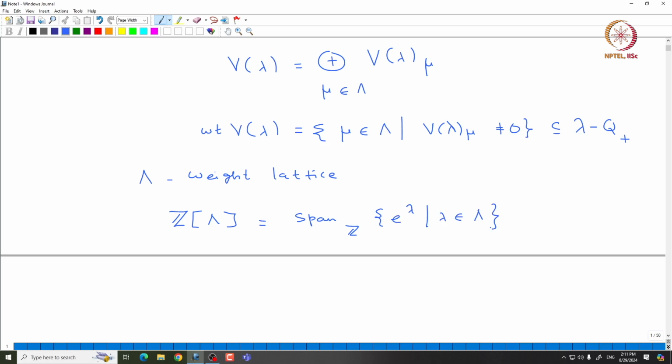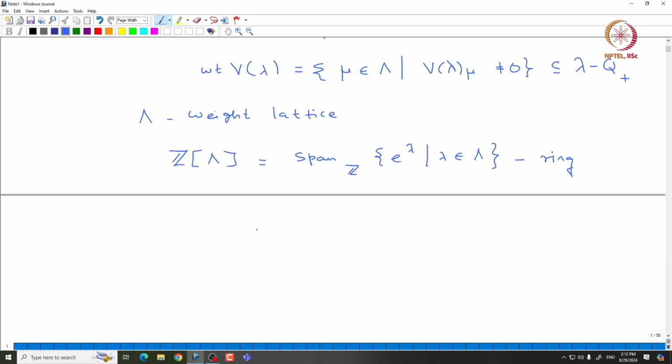One way to think about it, you can think of e power lambda as a formal variable associated with lambda in capital lambda, and you have this multiplication of these elements coming from the addition of this capital lambda. That way you can make this Z bracket lambda into a ring. So, this is indeed a ring.